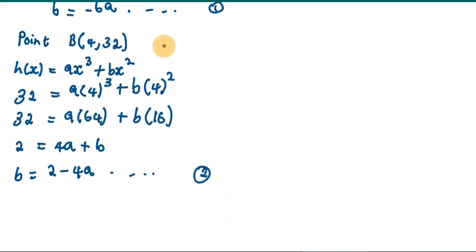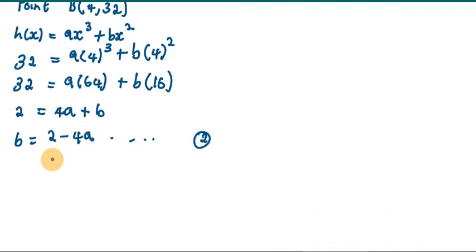And I know from equation number 1 that my b is equal to minus 6a. And in equation number 2, b is equal to 2 minus 4a. Meaning since this one is equal to b and this one is equal to b, that implies this one is also equal to this one. So as a result, I can say minus 6a is equal to 2 minus 4a.